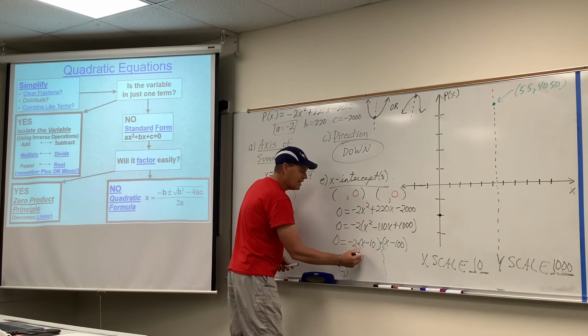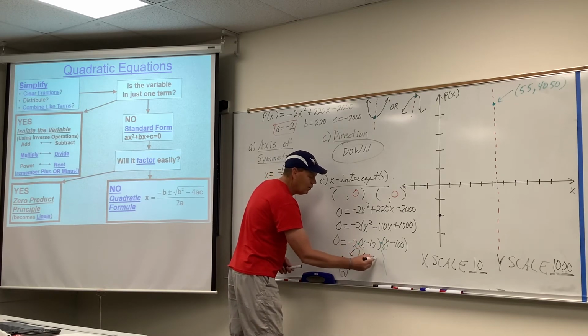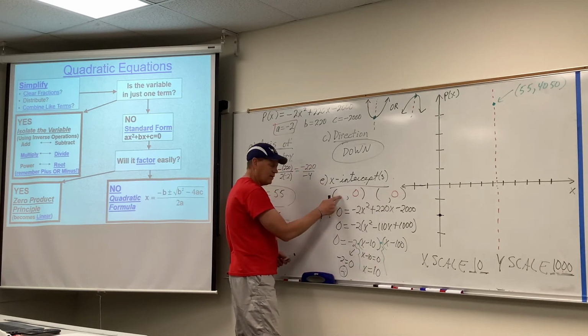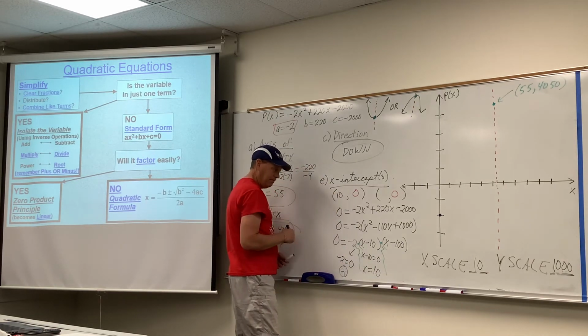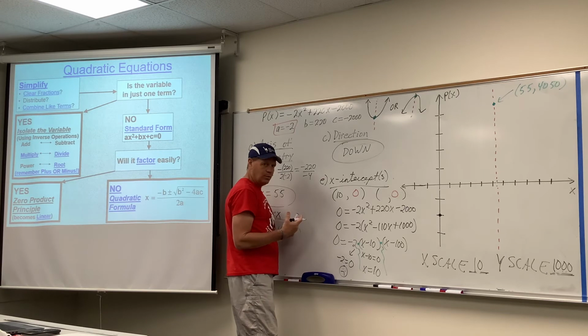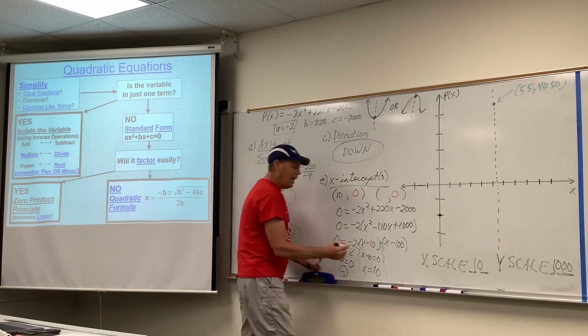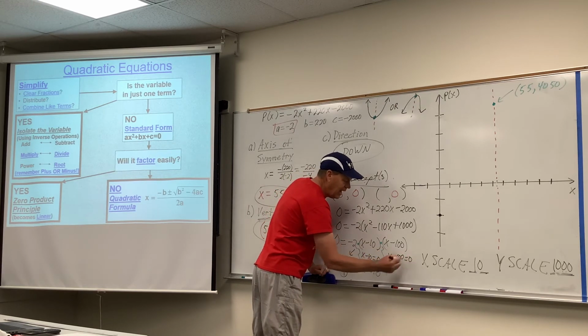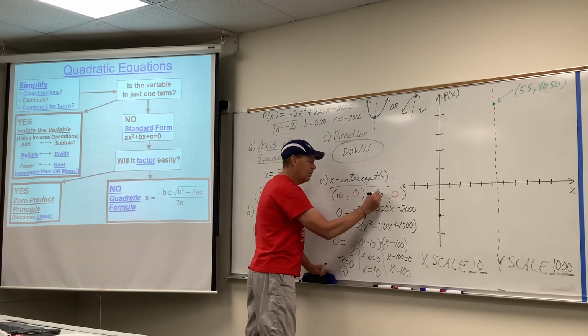But if you set x minus 10 equal to 0, that will solve out as x equals 10, and that would be the value of x on one of these points. So one of our intercepts is the ordered pair (10, 0). And then if you set x minus 100 equal to 0 and add the 100 over, that will lead to x equals 100.